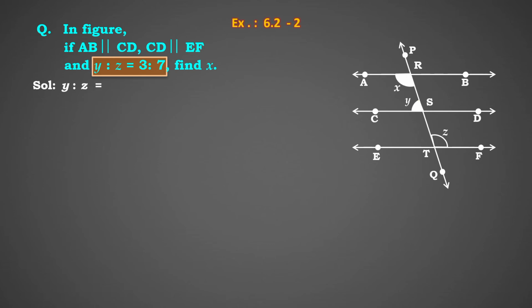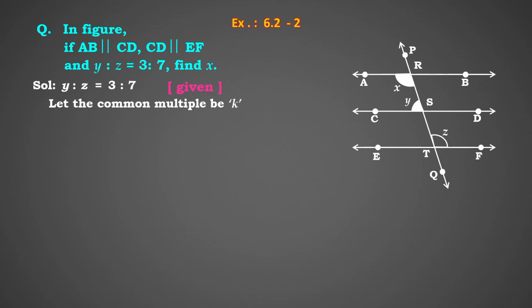Solution. y to z equal to 3:7, that is given. Let the common multiple be k. Therefore, y equal to 3k and z equal to 7k.